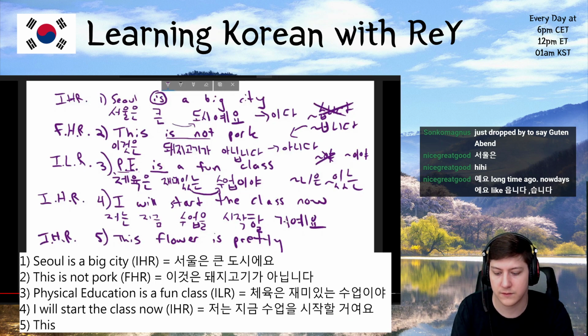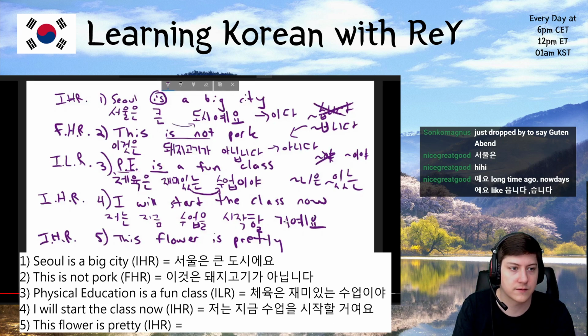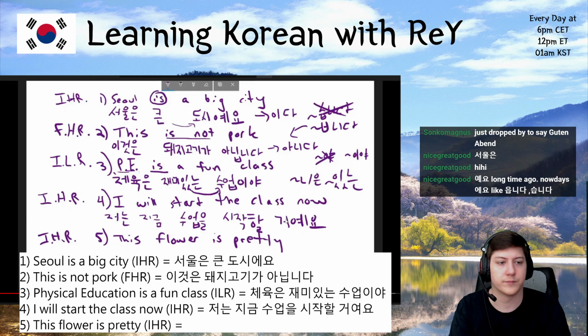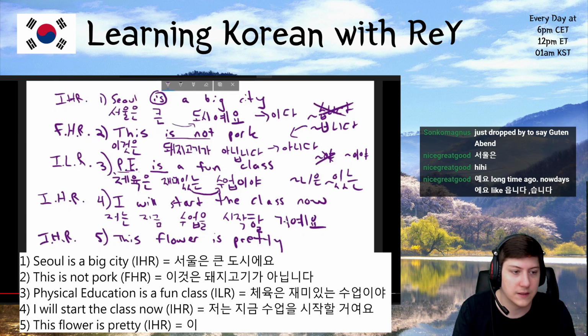Five. This flower is pretty. Informal high respect. Okay, this will be so easy. E is "this." This flower. Okay, flower. Yeah, flower was "got," right?